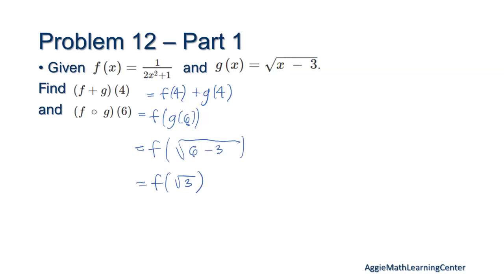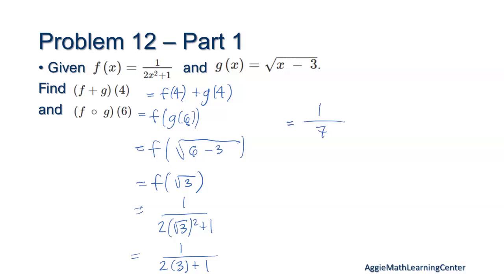Then I plug the square root of 3 into f and get this situation happening here, which tells me that I've got 1 over 2 times 3 plus 1, which is equivalent to 1 over, 2 times 3 is 6, right? So 6 plus 1 is 7. So f composed of g of 6 is equal to 1/7.